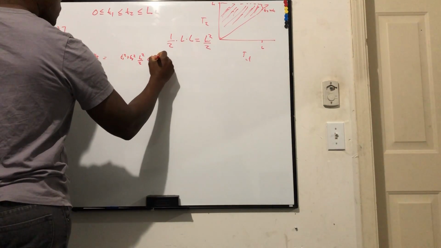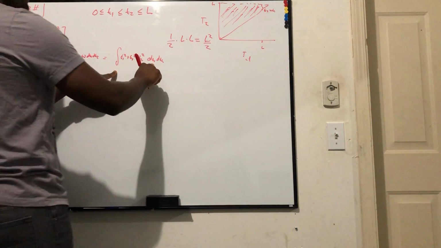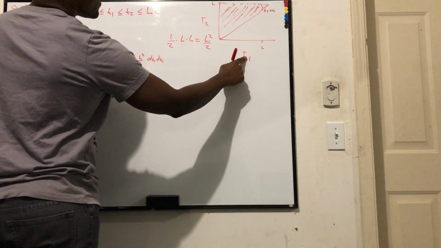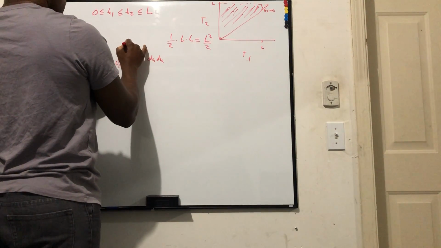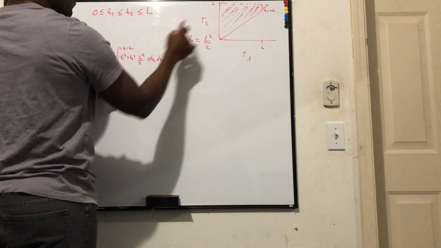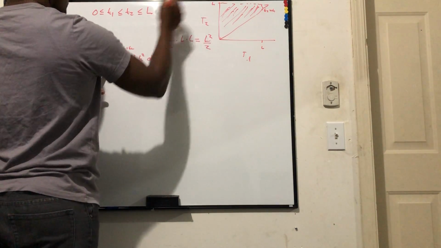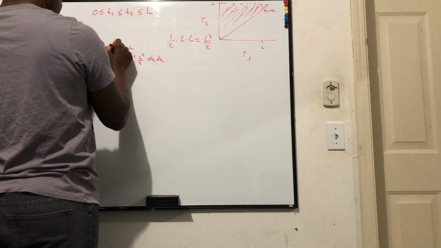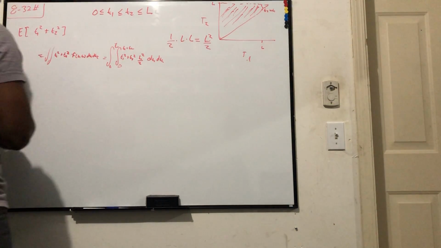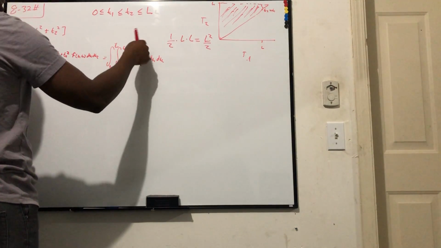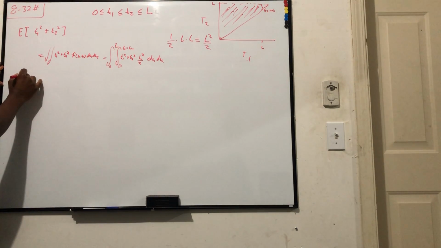Let's do dT1 first, dT2 second. T1 goes from 0 to T2, and then T2 will go from 0 to L. This right here is nothing but a constant. We're going to pull that out so we don't have to deal with it for a while.